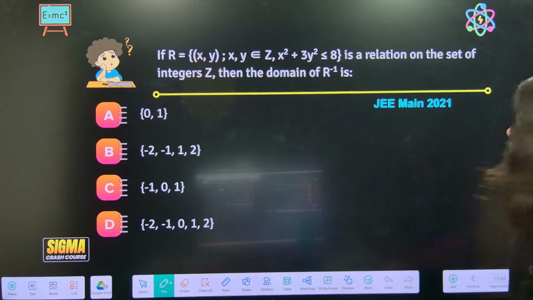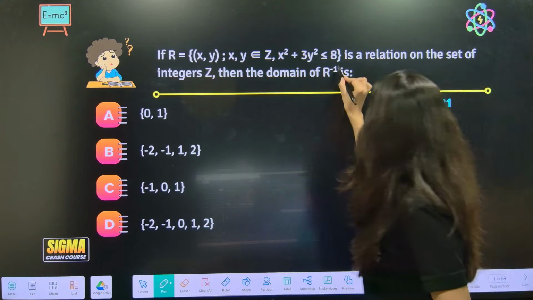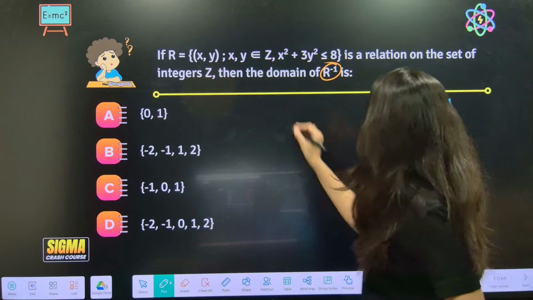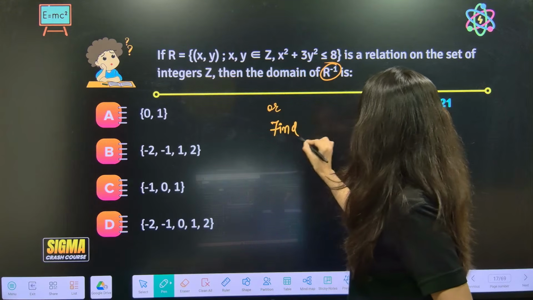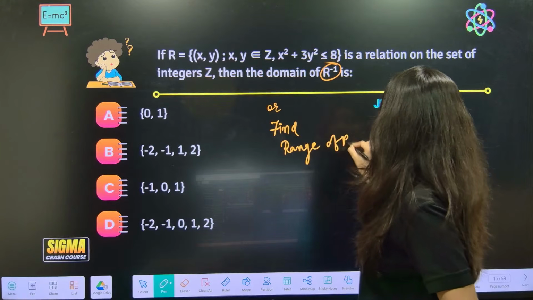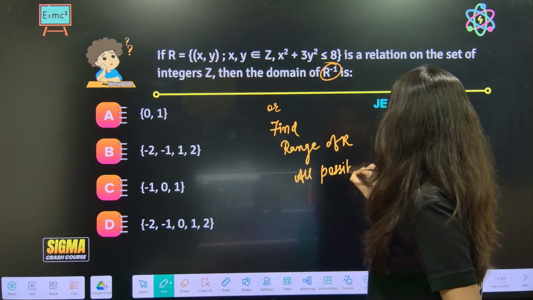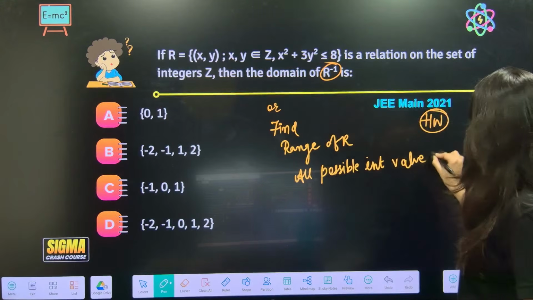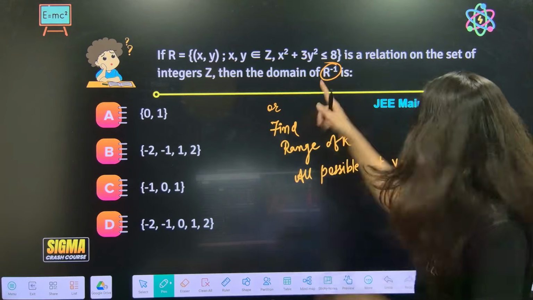This is your homework question, by the way, because again, they are looking for domain of R inverse. That means you have to look for, or what you can do is find, similar, the range of R. Range of R means all possible values of y, all possible integral values of y, satisfying this.